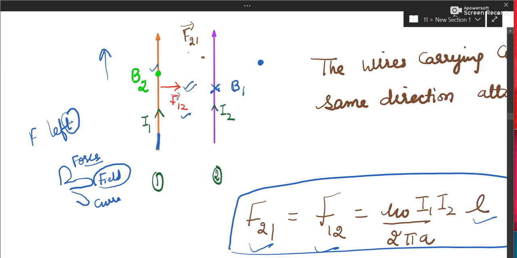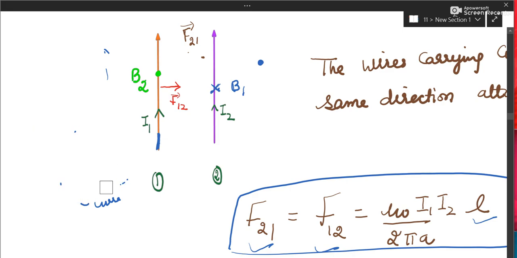Similarly, you will have to find out the direction of F21. Let us do that. Okay. This is the magnetic field. So this is a cross. Cross means towards the floor. First finger towards the floor of the left hand. First finger is of field, towards the floor, second finger along this, first finger towards the floor. Where is the thumb? Thumb is here. See, I can do it. So this is my force on the second wire due to 1.